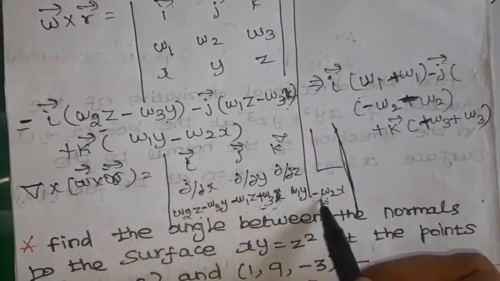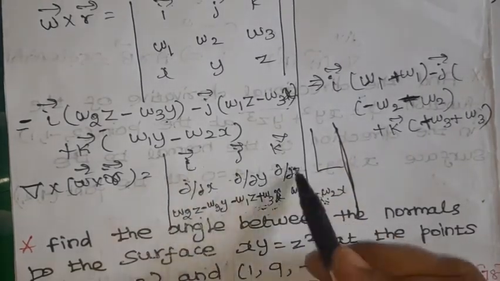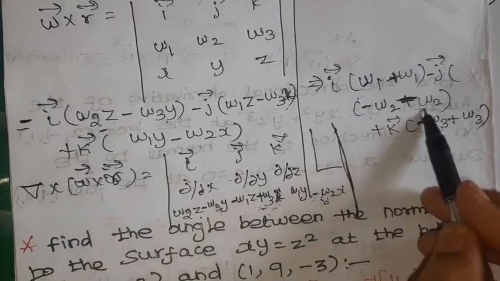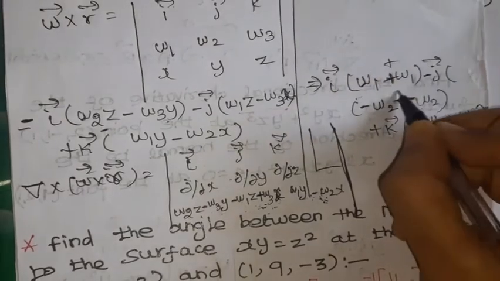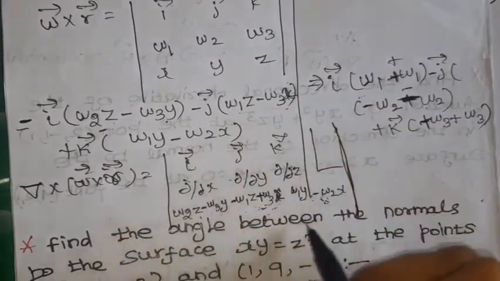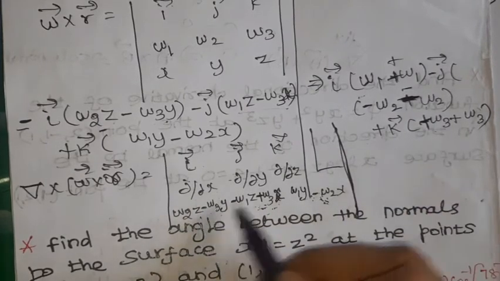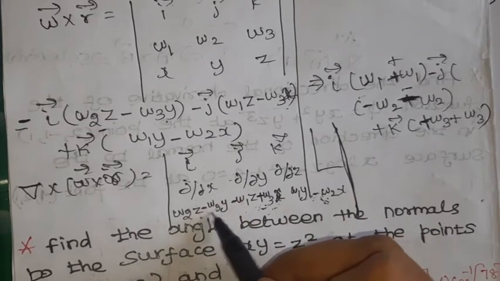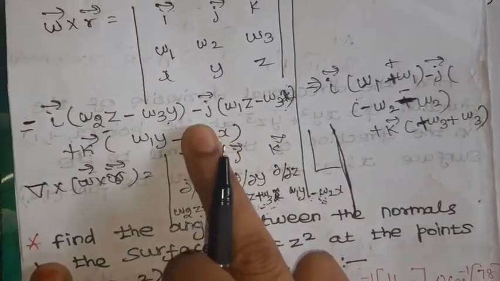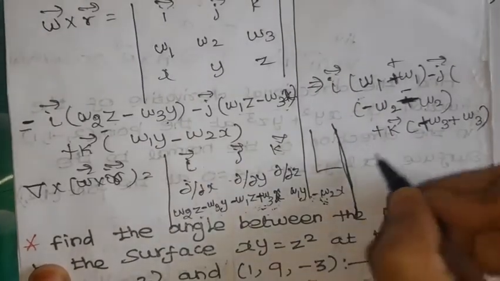Again minus j into this term with respect to x, minus w2 minus ∂/∂z of this w2, right? Minus w2. Then k into w3 plus w3 minus ∂/∂y, already 1 minus, here minus w3, minus into minus is plus. I missed that minus sign here, so multiply with minus and all signs get changed.